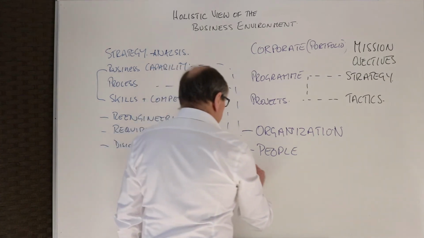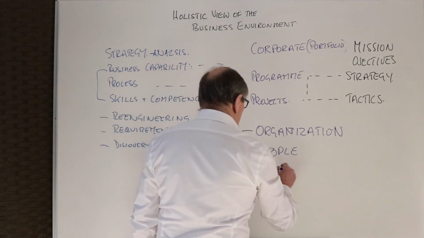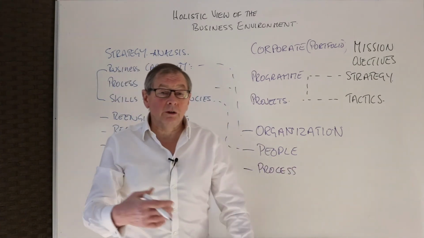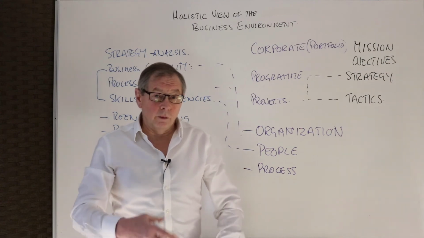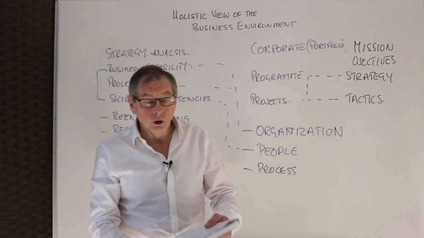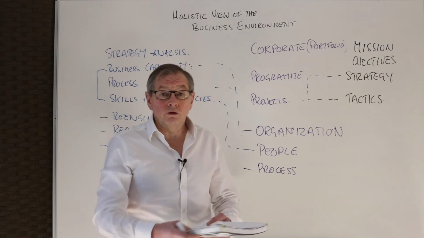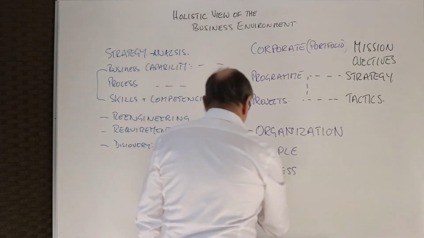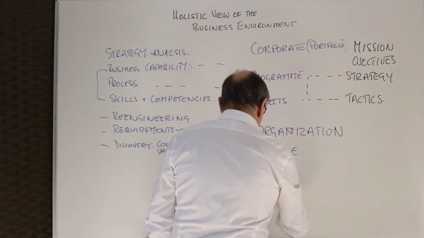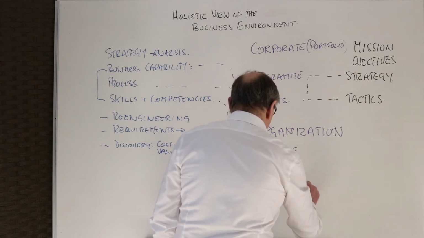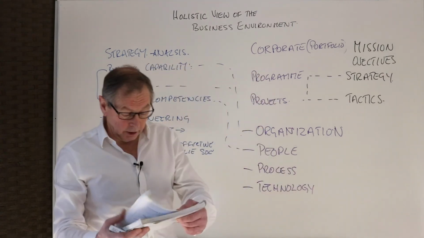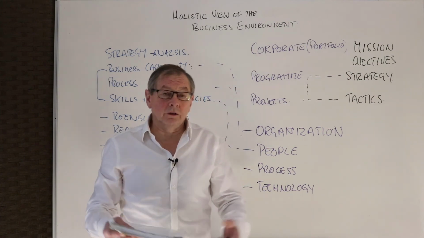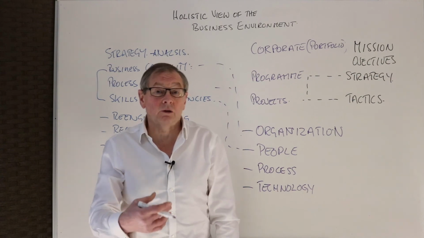We have the process, the way the organization works. The process within the organization can be so varied from one type to another. From an insurance company to food and beverage, to a banking company, to the travel industry, they're all different processes, the way they work. And finally, we have the technology that supports the function of the organization: infrastructure, improvement of business processes, etc., across the organization that support the way it needs to work.